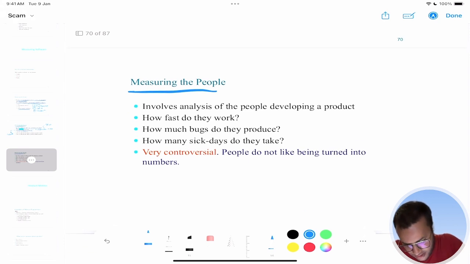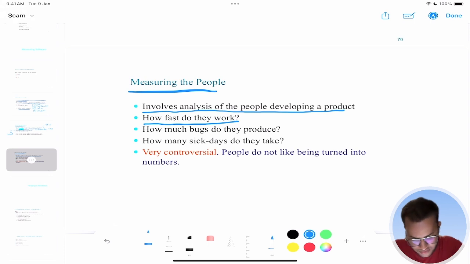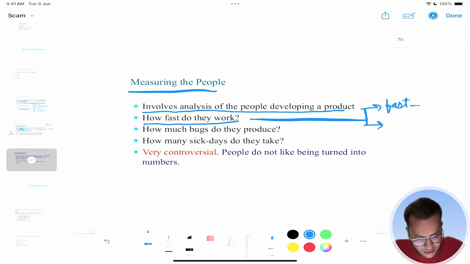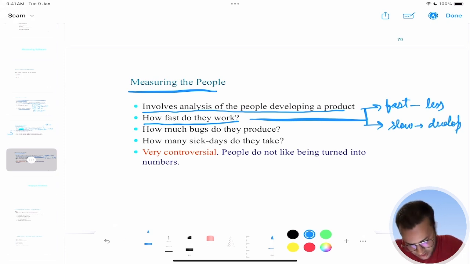Now, measuring the people. It involves analysis of the people developing a product. How fast do they work? If a group of people are working fast, then our construction time will be less, and if they are working slow, then the software will take a large amount of time to develop. Now the third point is how many bugs they produce.